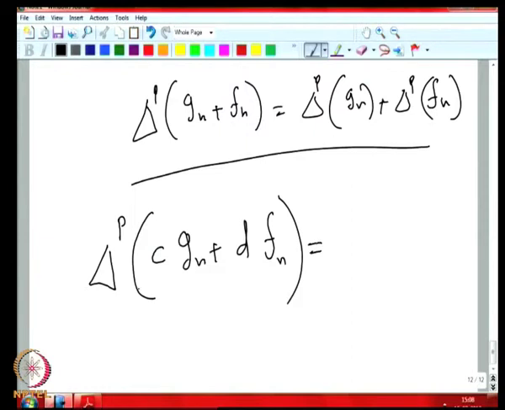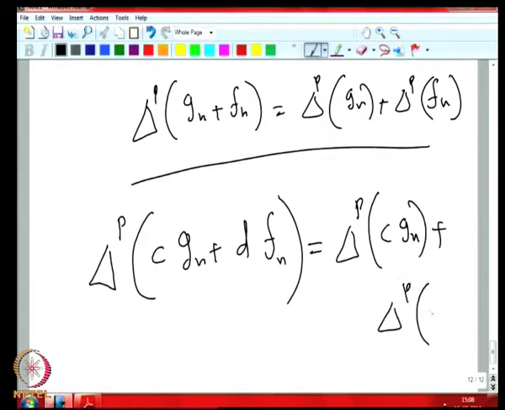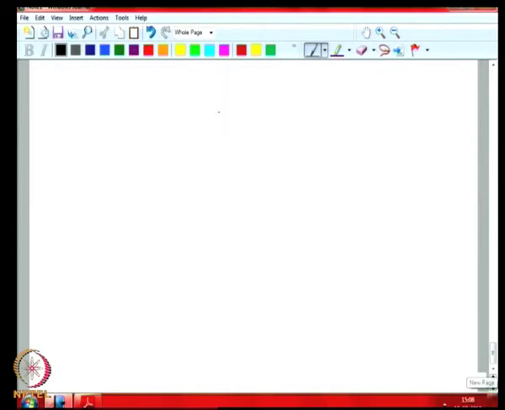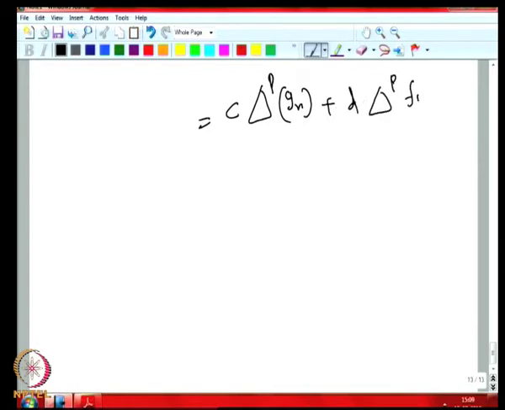First we apply the first rule, so this will be delta p of C times Gn plus delta p of D times Fn, and then we apply the second rule, namely this is equal to C times delta p of Gn plus D times delta p of Fn. This is the linearity property.